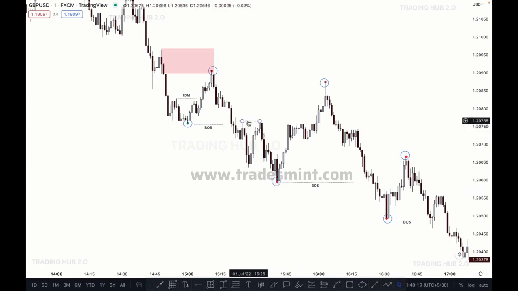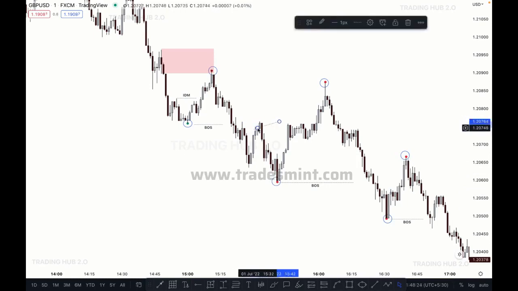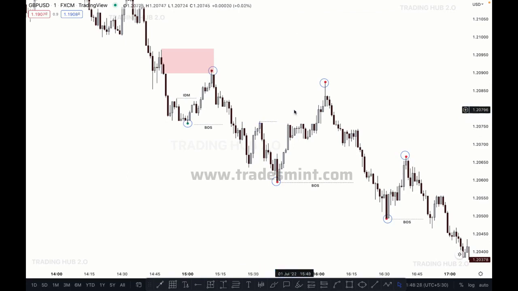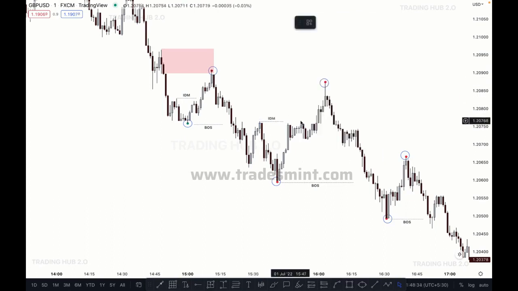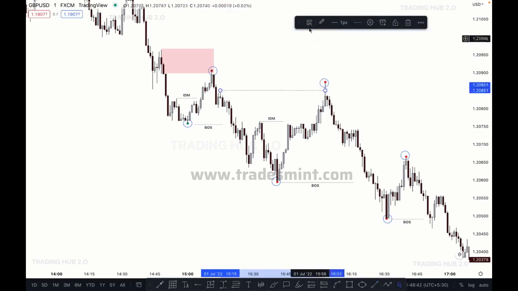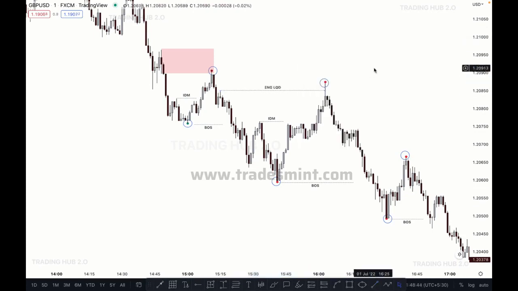So now our inducement shifts here, right. This high becomes our new inducement. The market must take out this high before going downside, and then the market takes this high, and again pushes higher to take more liquidity, which is here, and this one is called engineering liquidity.